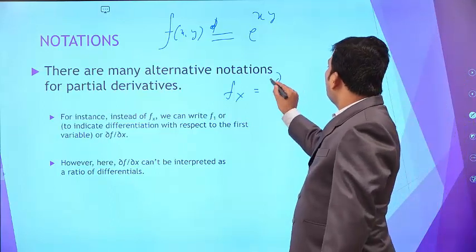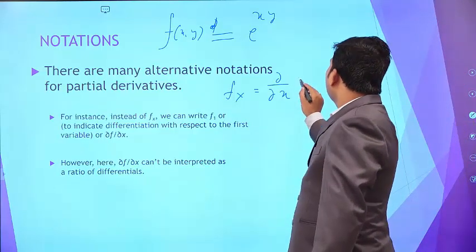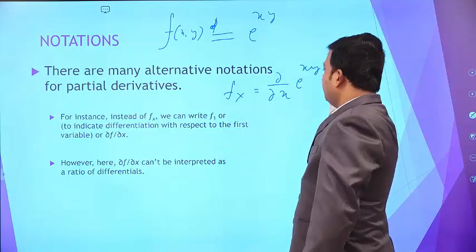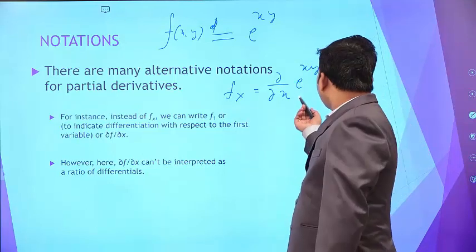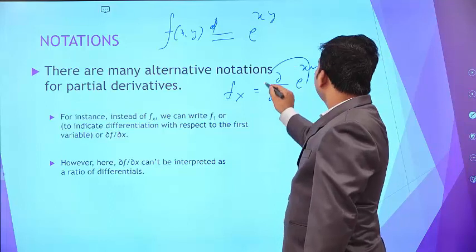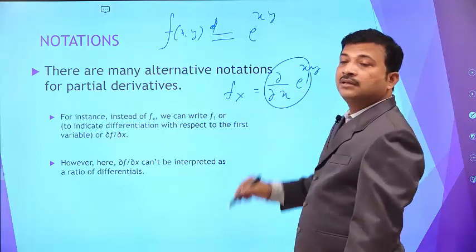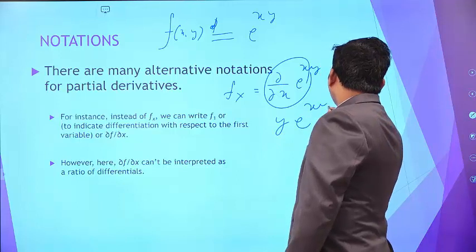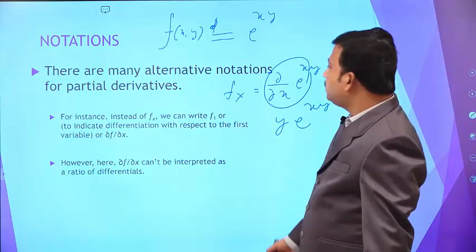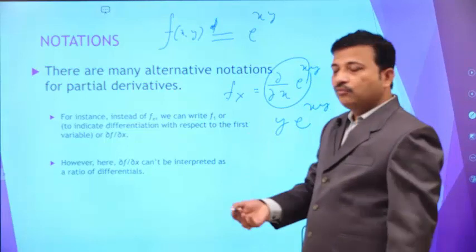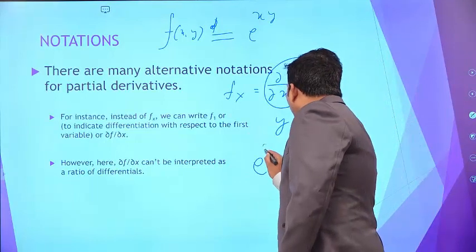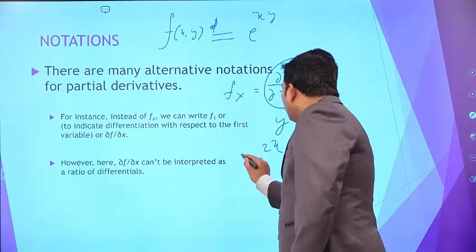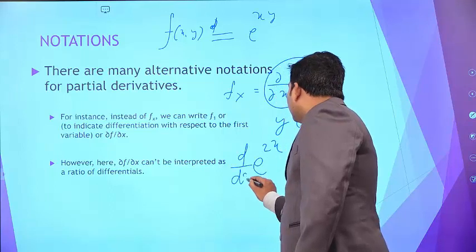So dou by dou x of e to the power xy. We are differentiating with respect to x, so y is constant. So what will we get? y into e to the power xy. In the same way, in an ordinary derivative, what do you do with e to the power 2x? What is the derivative of it? dy dx.